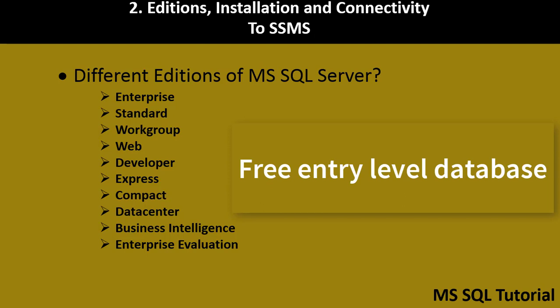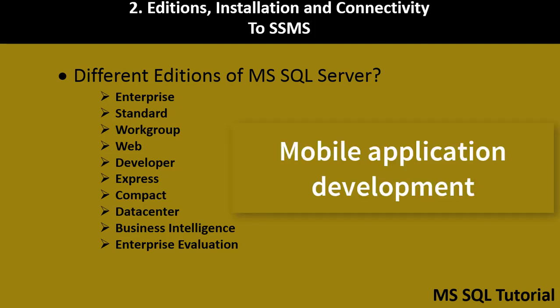Next, Express Edition. This is a free entry-level database. It can utilize only one CPU and 1 GB memory only. The maximum size of the DB is 10 GB. That's the reason we call it Express Edition. Next, Compact Edition. This is a free embedded database for mobile application development.